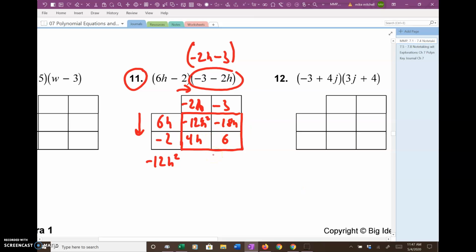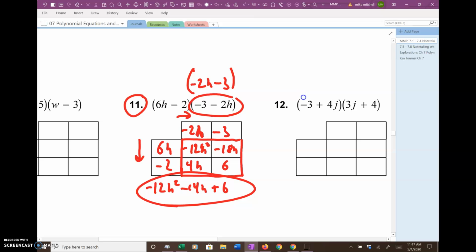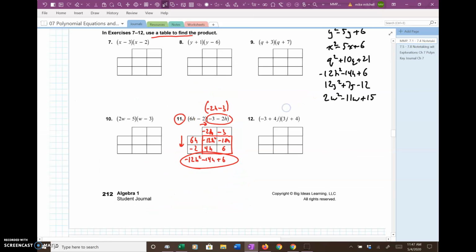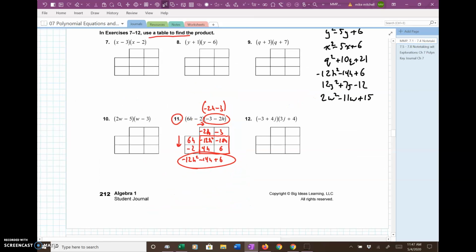I'll show you that more on the next page. 4h minus 18h, you can either write that out, negative 18h plus 4h, and just put the answer minus 14h right in there, and then I have plus 6. There's my answer. Let's see if I got that around here somewhere. Negative 12h squared minus 14h plus 6. I wrote it neater over here.